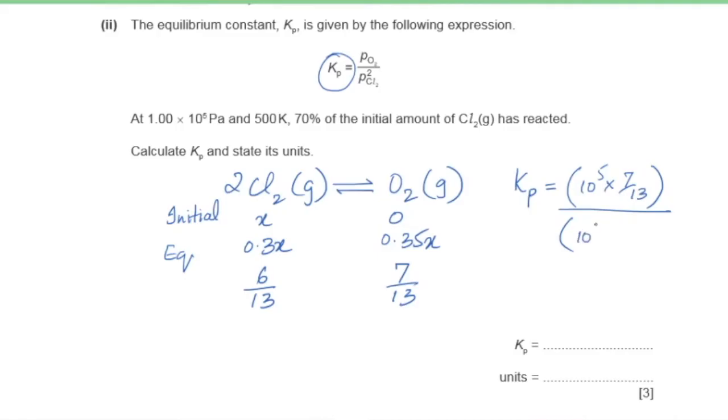So this will also be multiplied by its mole fraction, that is 6/13, and this will be squared. And you will have a Kp, an equilibrium constant, of 2.53 times 10 to the power of -5, and this was in pascals and this was pascal squared, so the units will now be per Pascal.